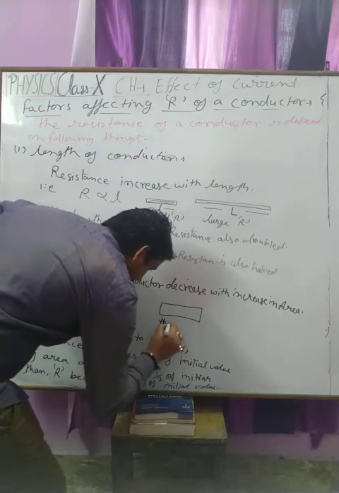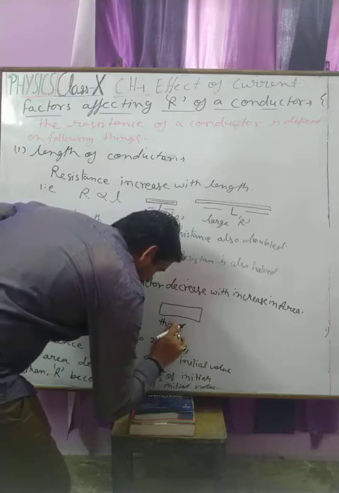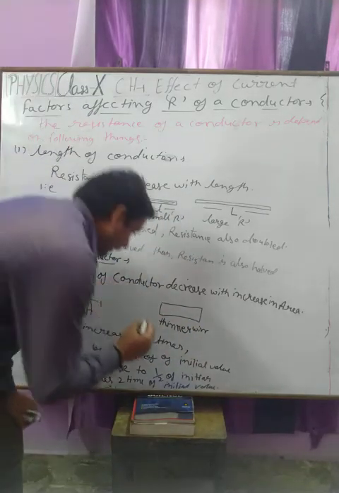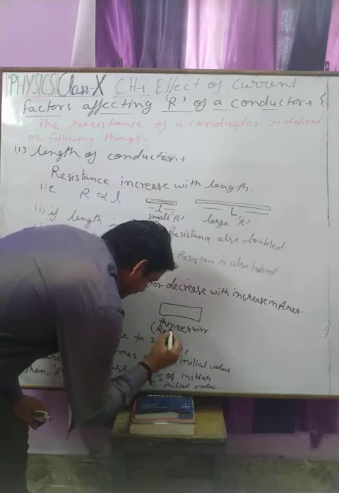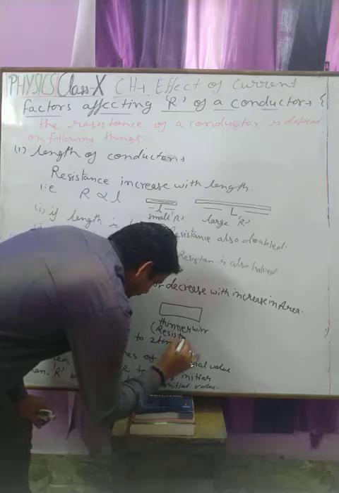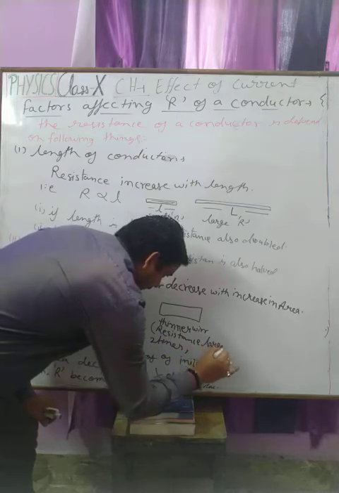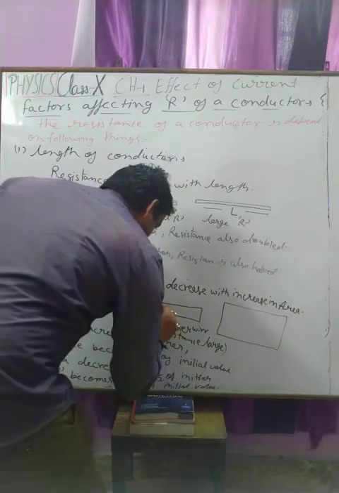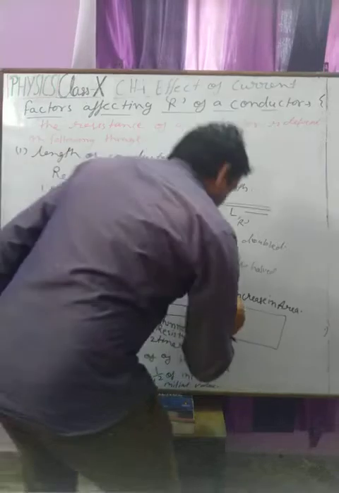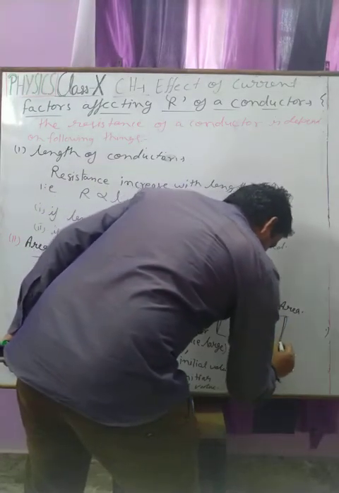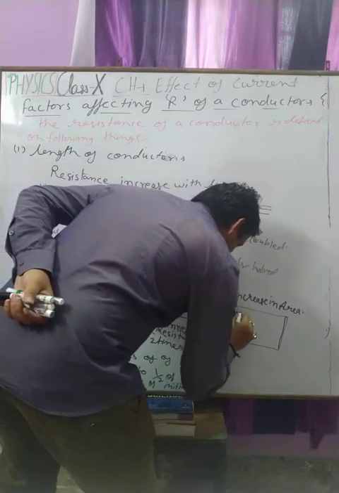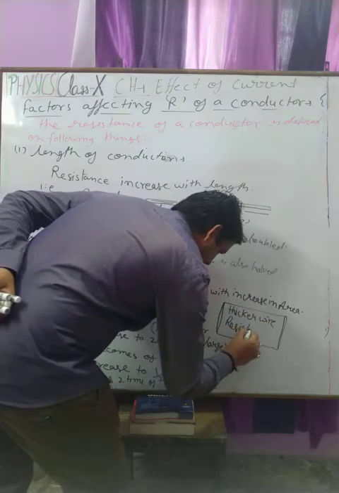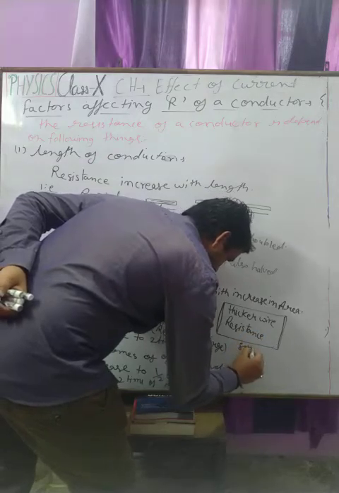In a thinner wire, resistance is large. This is a thicker wire, resistance is small.